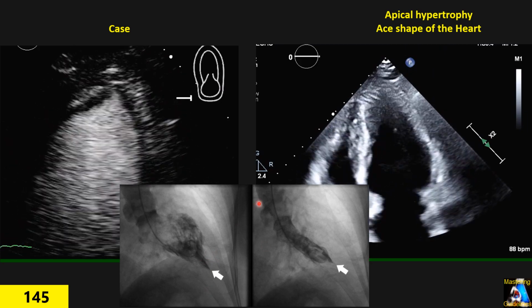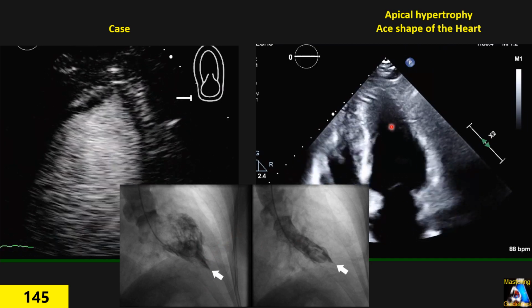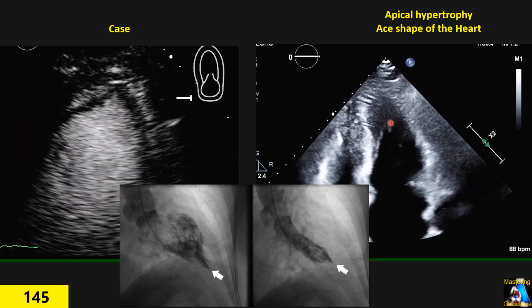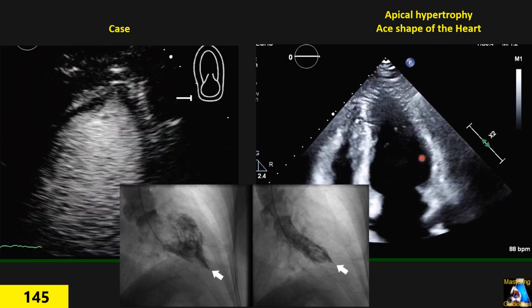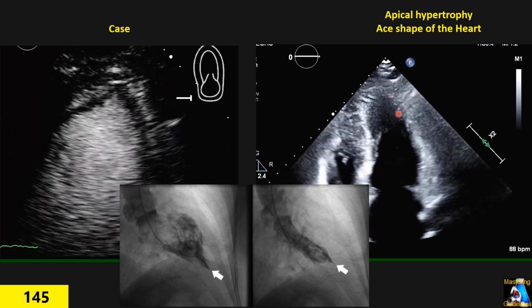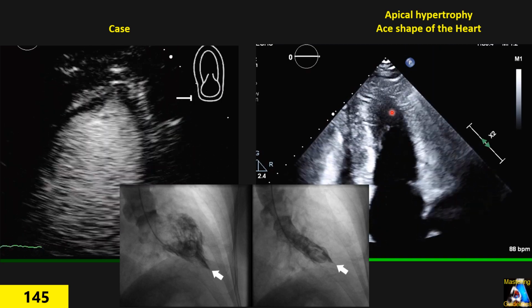But most of the time we don't need ventriculography. With 2D, with or without contrast, we can appreciate and measure the thickness of the apex, and it's very easy to diagnose.